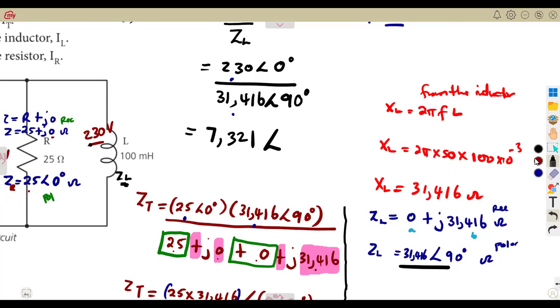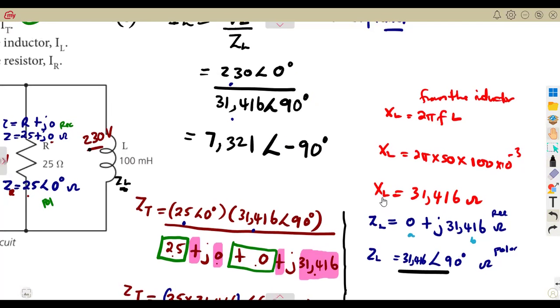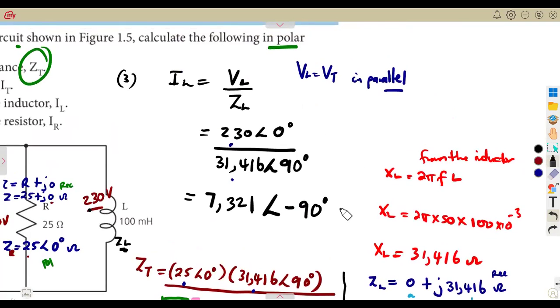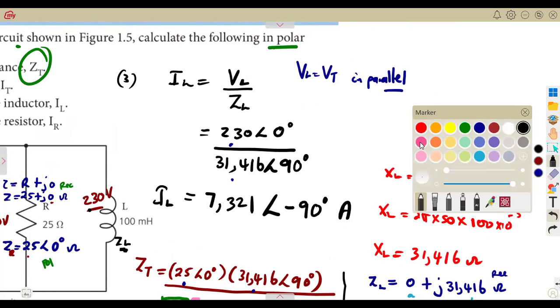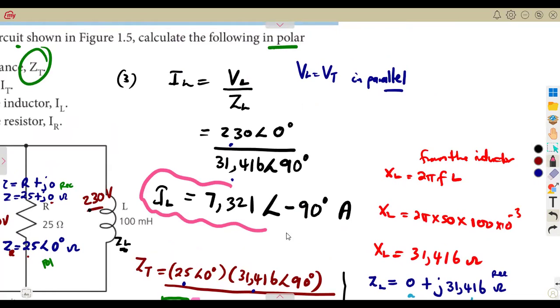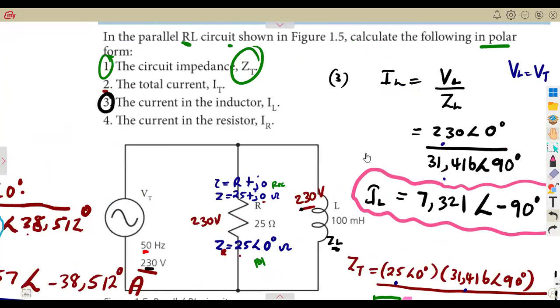The angles subtract, division, subtract 0 minus 90, that's minus 90 degrees. So we have got what? We have got the current across the inductor. So all this has to be known.